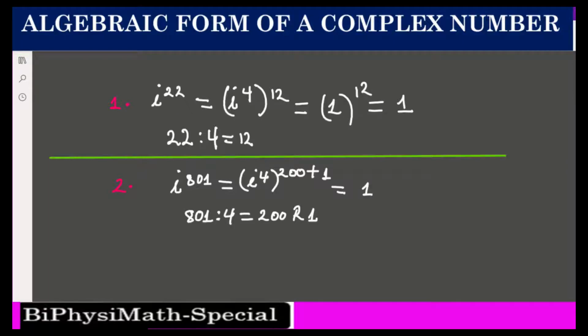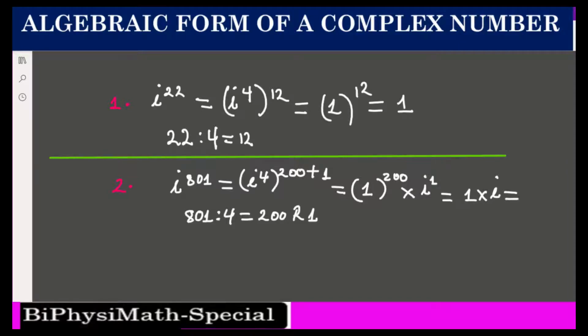You have 1 to the power 200 times i to the power 1, you get 1 times i. The answer is i. Now it is simplified.